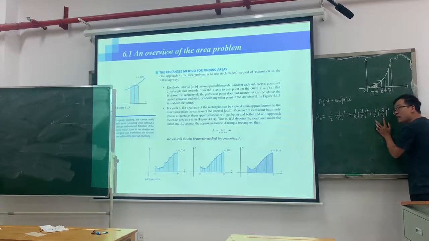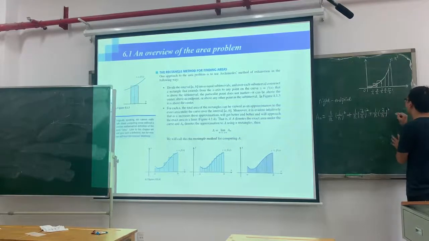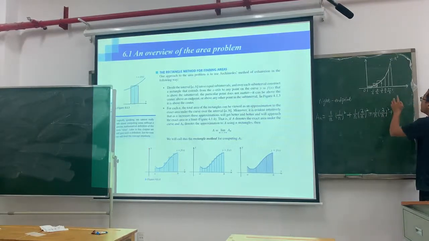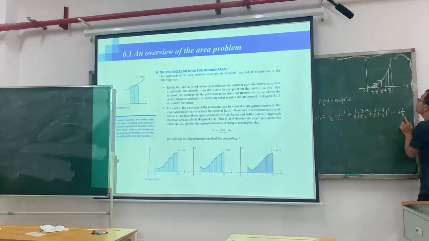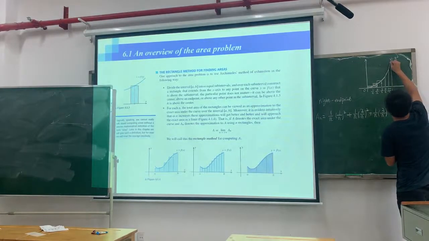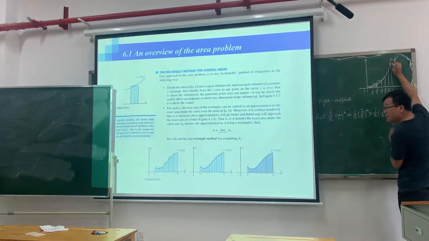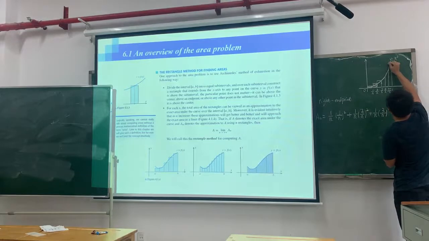So this is the area of the third rectangle. Go on. Now, the last one here is the length is also 1 by n, and the width, we take the right endpoint. So here, actually, we use this rectangle.